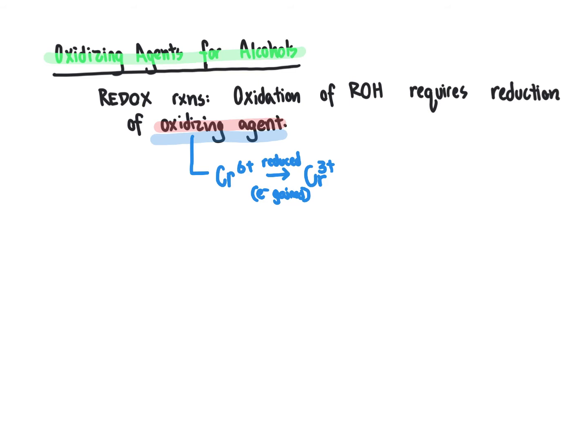So the thing that we're going to see that is true for all of the oxidizing agents of alcohols that we are going to look at here is that they will all have an element that is in a high oxidation state that's directly bonded to oxygen. That oxygen is going to be donated to the molecule during the oxidation reaction.